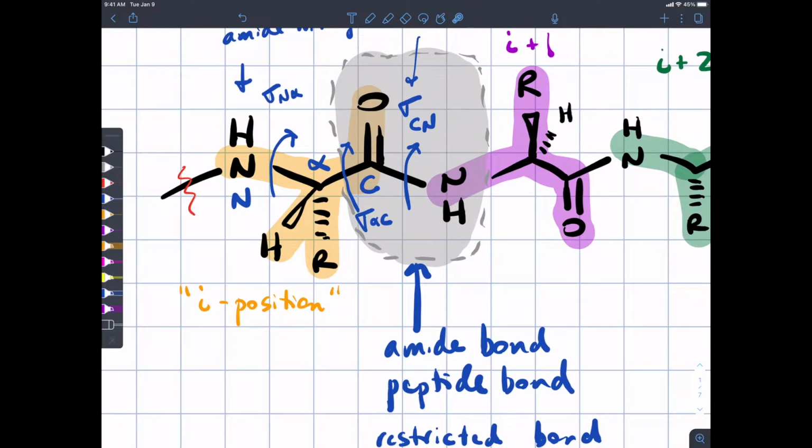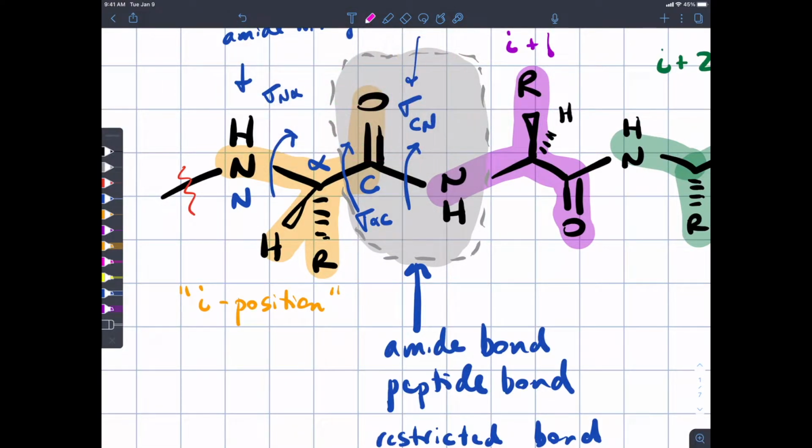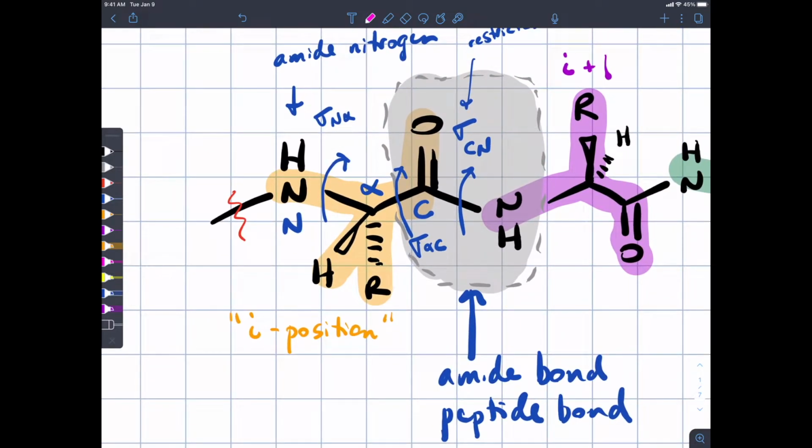Before, in 351, you probably learned about dihedral angles, which is just looking down the bond that you're rotating around, choosing some reference points, and measuring how far apart they are. But in peptide and protein chemistry, we name these dihedral angles because we can actually learn stuff about protein structure by analyzing them. So we call the dihedral angle about this bond between nitrogen and the alpha carbon the Greek letter phi.